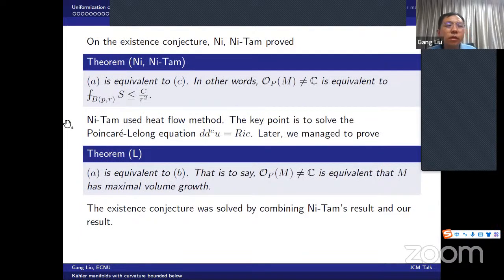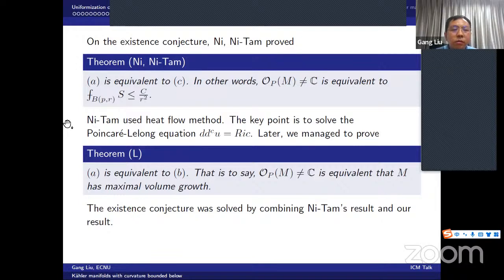Okay, so now let us move to the existence conjecture. Previously, Ni and Ni-Tam proved that condition A is equivalent to C. Recall that it says that the existence of a non-constant polynomial growth holomorphic function is equivalent to saying that the average of scalar curvature has quadratic decay. Their proof used the heat flow method.